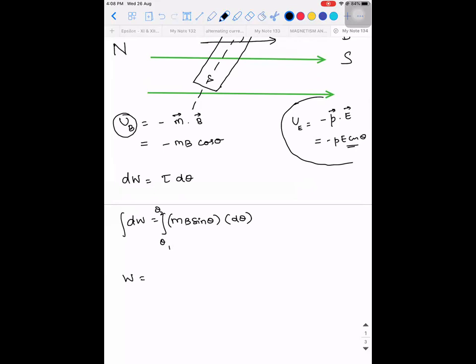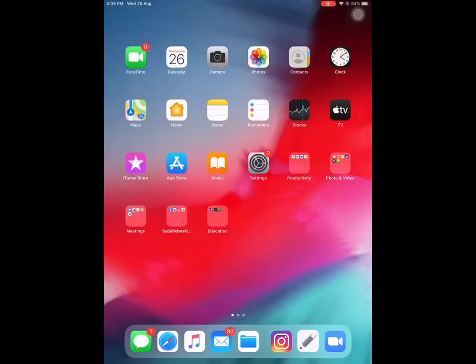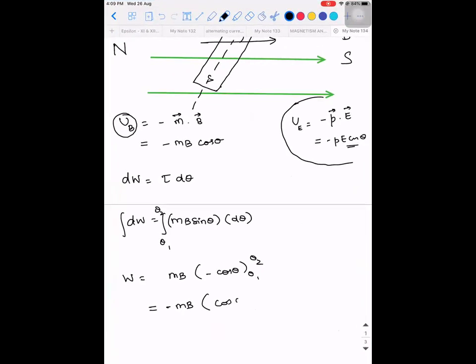The total work done will be MB times the integral of sin theta, which is minus cos theta, from theta 1 to theta 2. So it will be minus MB into cos theta 2 minus cos theta 1, or this can also be written as minus M vector dot B vector evaluated between the two orientations. So this work done is what is going to get stored in the form of potential energy. I hope you remember all these things.